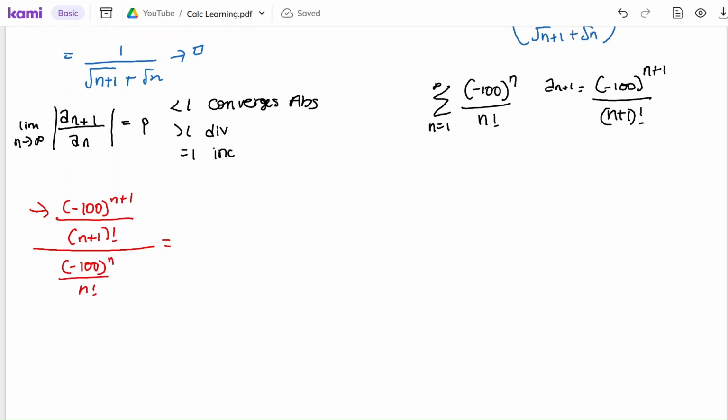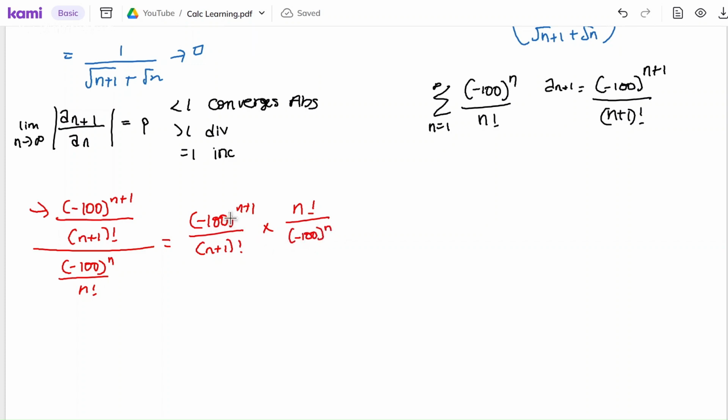And I'll rewrite it to make it easier to look at. To the n plus 1 over, this is just the same thing, I'm just putting the division in an easier way. So flip this n factorial over negative 100 to the n.